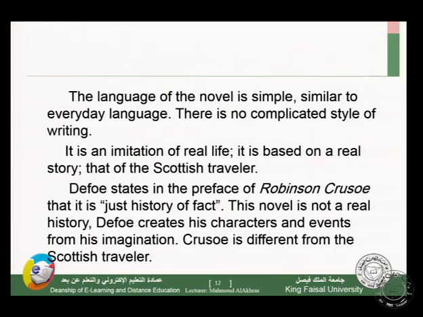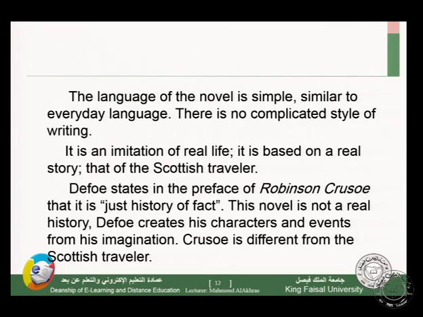The language of the novel is simple, so we can sense simplicity in Robinson Crusoe even at the level of the language. You can understand the meaning of any words from the context, so it's not so difficult as the previous kinds of writing.